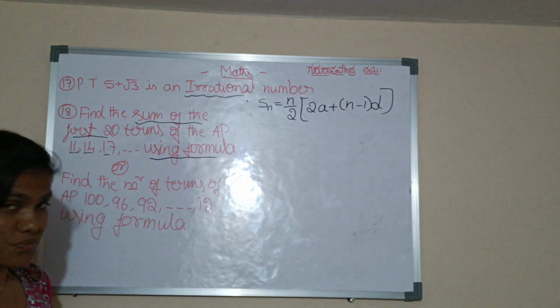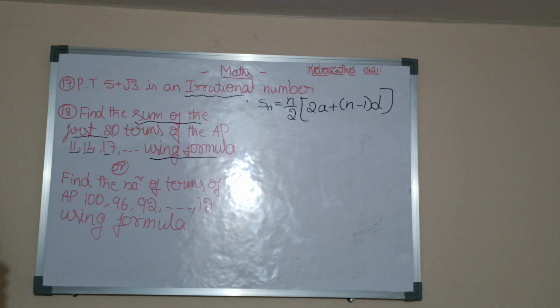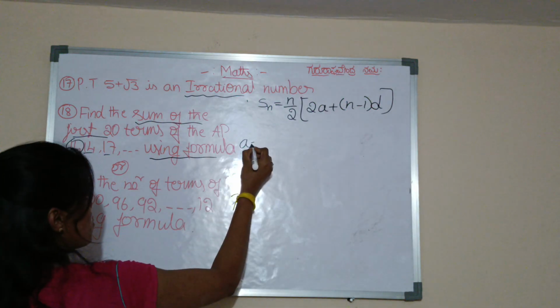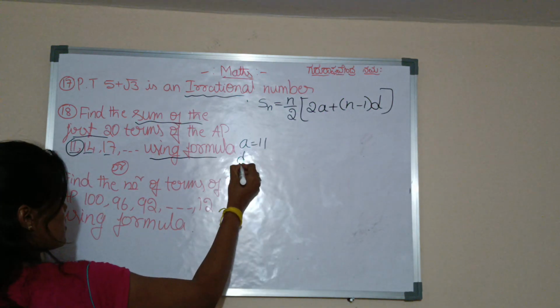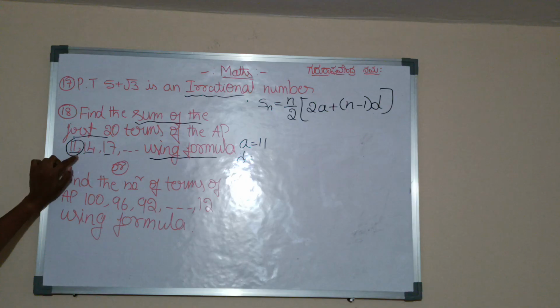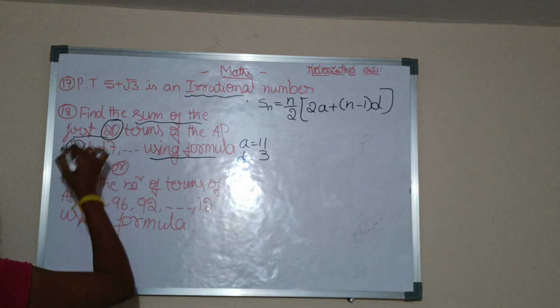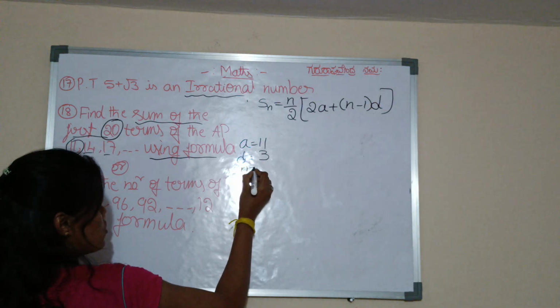Then what is A, what is N, what is D? You have to mention it. A means 11. D means second term minus first term, 14 minus 11, that is 3. There are 20 terms, so N is equal to 20.